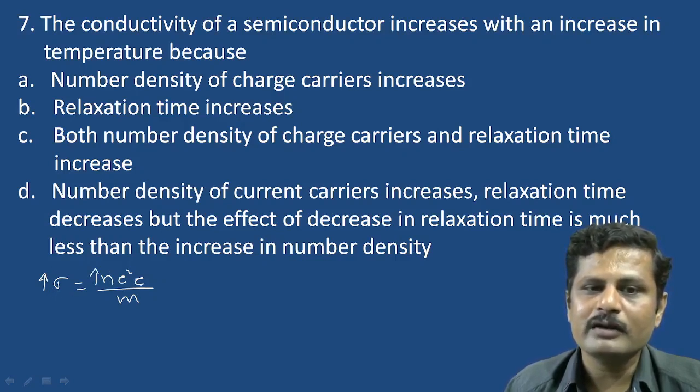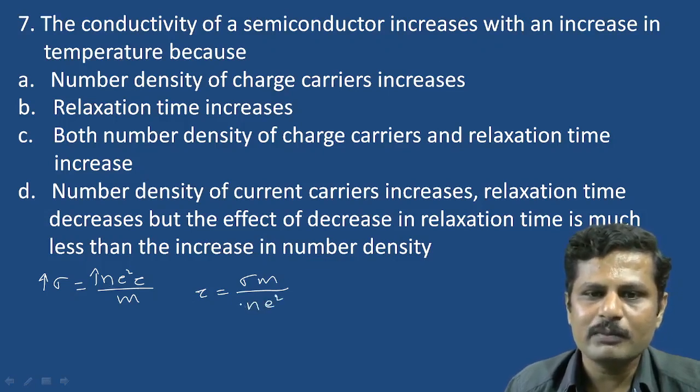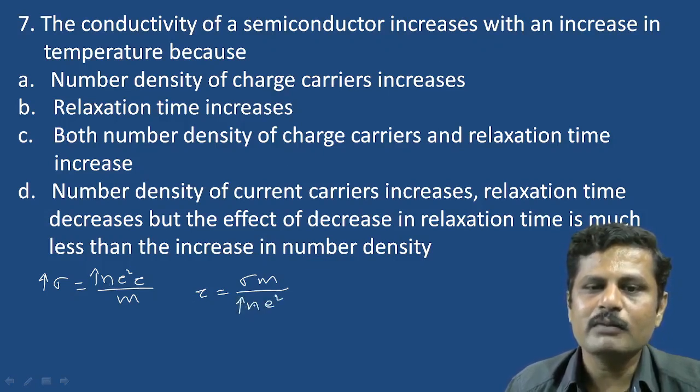Now let me write this expression in terms of relaxation time, that is, tau is equal to rho m divided by n e square. If the temperature increases, the number density increases. So if the number density increases, what about the relaxation time? Relaxation time decreases.